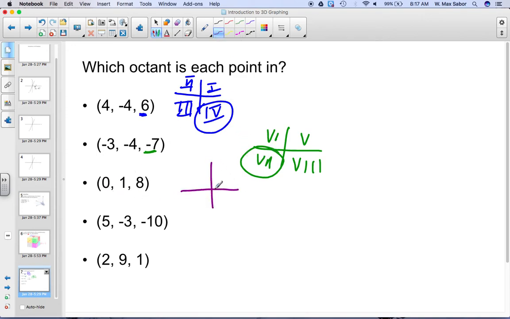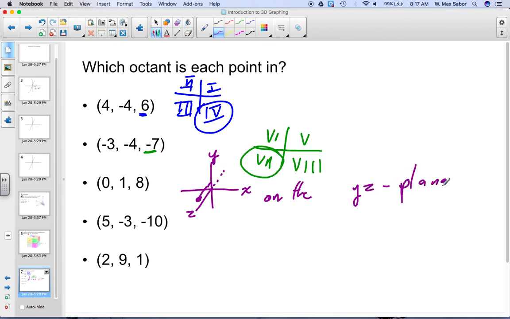0, 1, and 8. So this is 0 in the x direction, 1 in the y direction, and 8 in the z direction. Actually, that's not in one of the octants. So this is on the YZ plane.